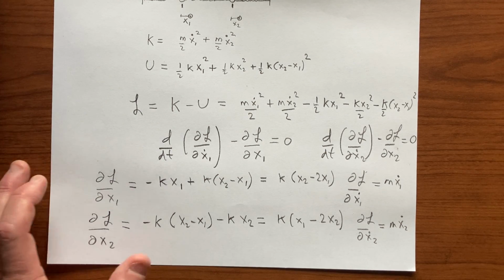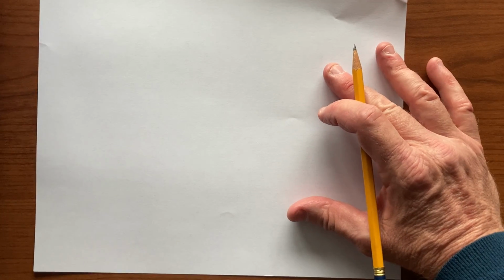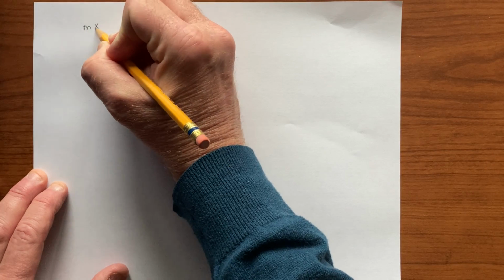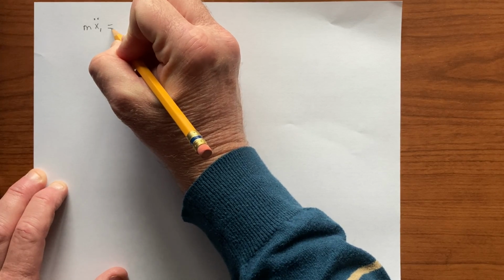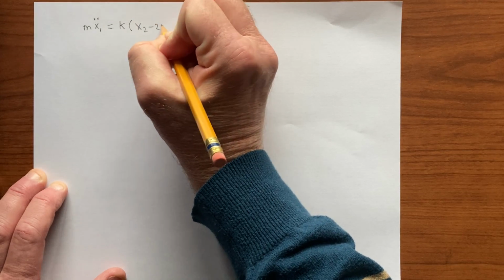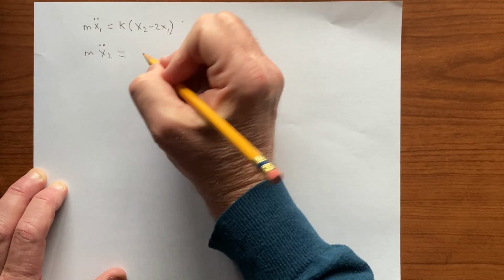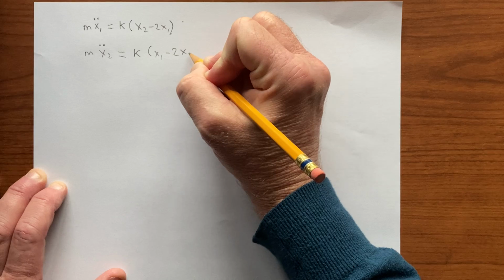So our equations of motion, let's combine these, and our equations of motion become m x1 double dot, so that's ma for the object on the left, is equal to k, of course, it's the spring force that's involved, times (x2 minus 2 x1), and m x2 double dot for the object on the right will be k times (x1 minus 2 x2).